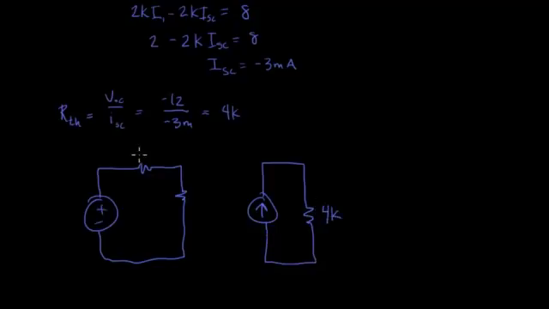4K here, 4K here. Remember, our current is actually negative and our voltage is negative. So that means that these have a flipped polarity. So I didn't draw this correctly. This should be minus plus like this, and then this would be pointing downwards.